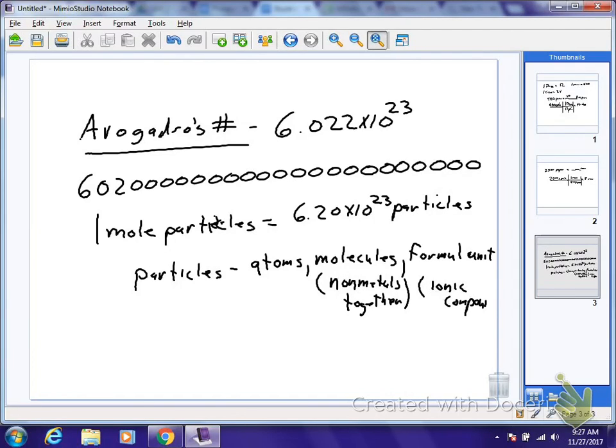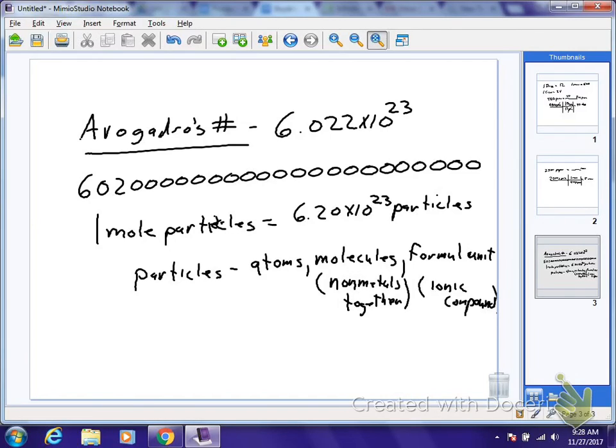So we don't say molecules of NaCl, because NaCl does not form a molecule. It forms an ionic compound. So we'll say formula units of NaCl. Okay? If we say carbon dioxide, we'll say a molecule because they're both nonmetals. So that's just for your information later on to understand a question on a test. So it says how many formula units would you have of MgCl2 or magnesium chloride?